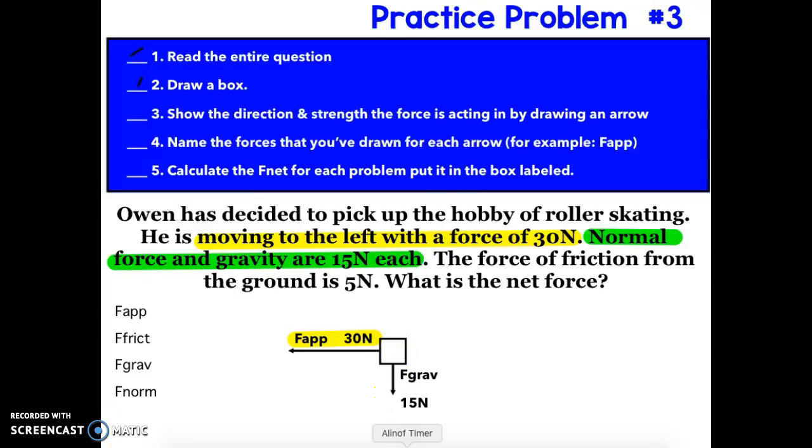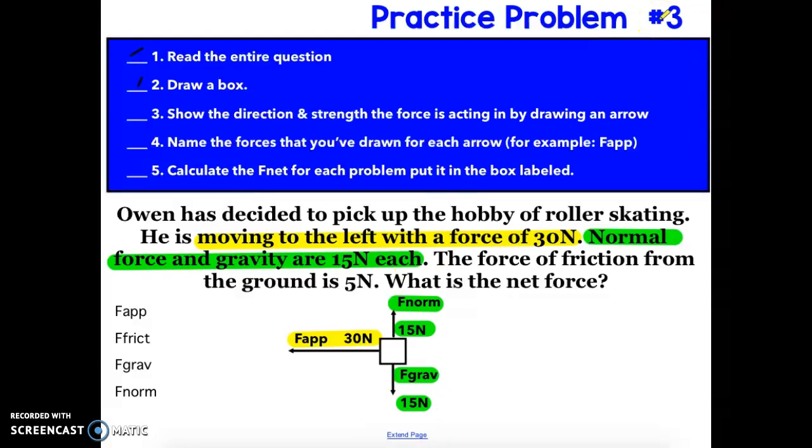Okay, we don't fall all the way through the ground because we have normal force holding us up. So I'm going to draw a vector, try to make it as close to the same size as possible. Might not be absolutely perfect. Okay, and now I'm going to do the same and label it. So this one up here is normal. And again, 15 newtons is the same. So I got this from the green part of the story.